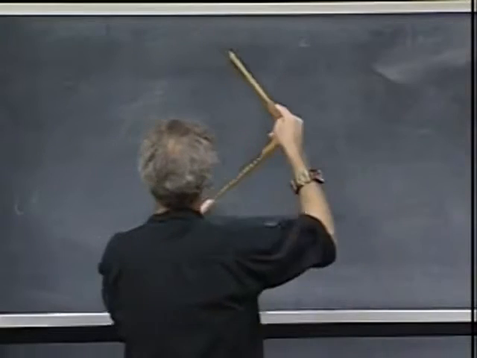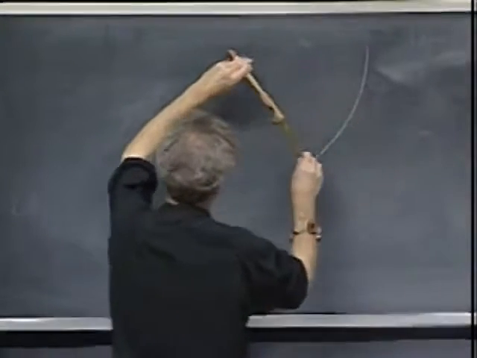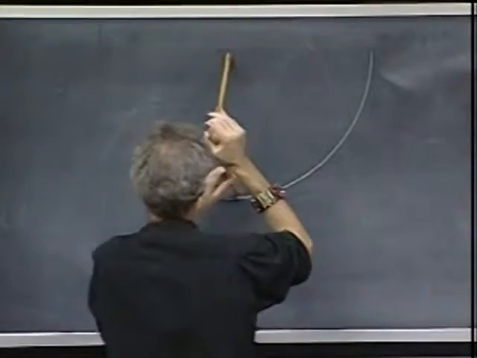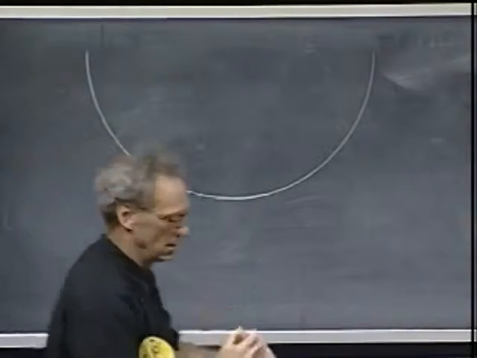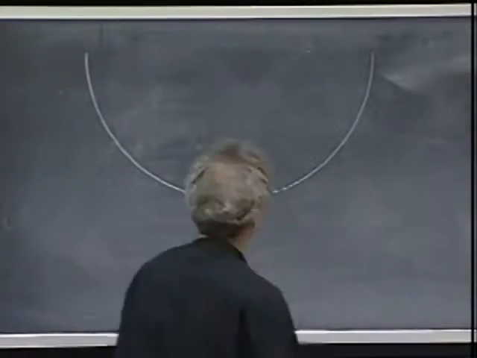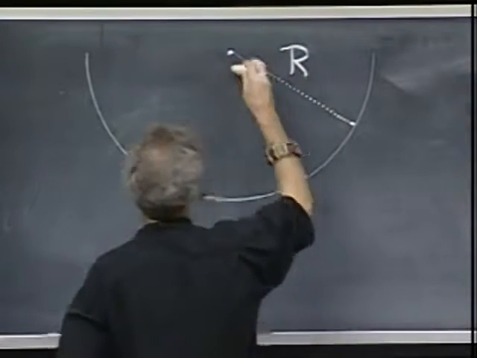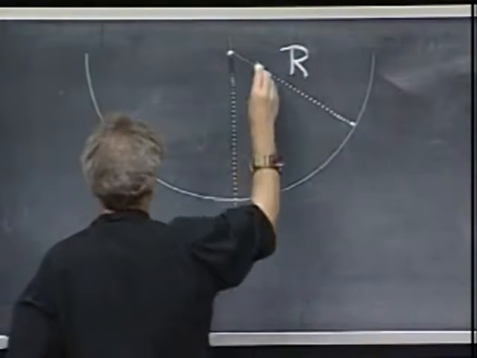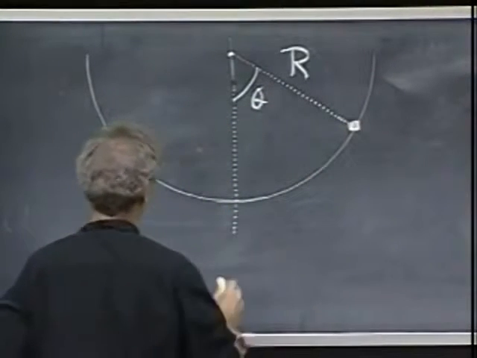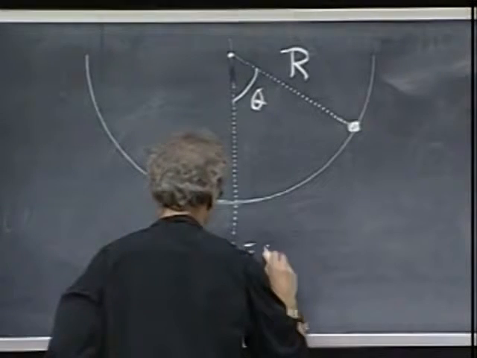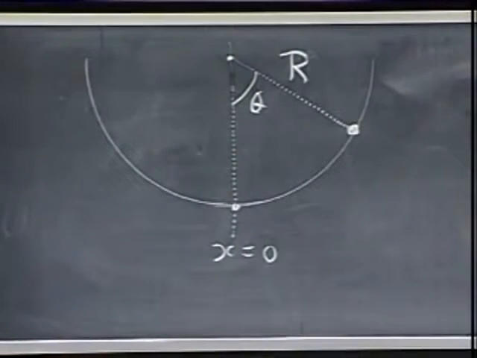And to make it as perfect as I can, I even have here a pair of compasses. That's the track. And the track has a radius r. And at this moment in time, the angle equals theta, and here is the object. I call this x equals 0. That is also, of course, where theta equals 0.